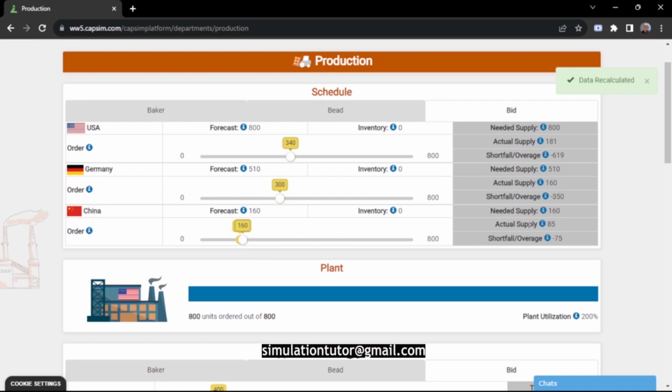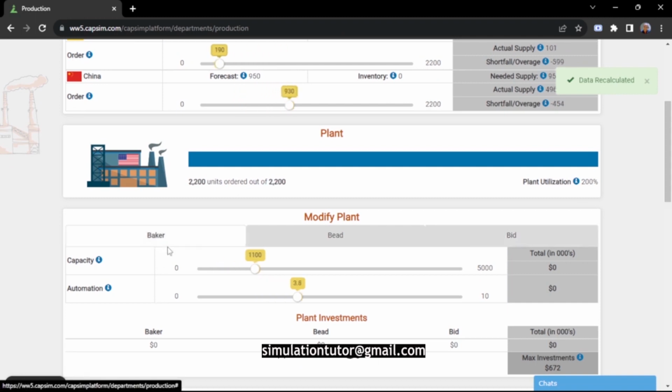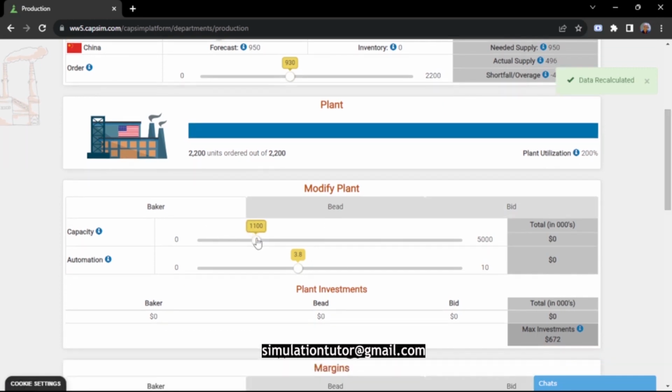So that's it in terms of production, because I believe I can't make investments in terms of capacity or automation, simply because if I try to increase, let me say by 50, we see that it's way more than what I'm able to use in this round. So I'll not be able to change.